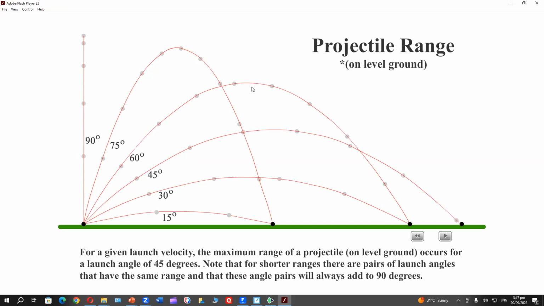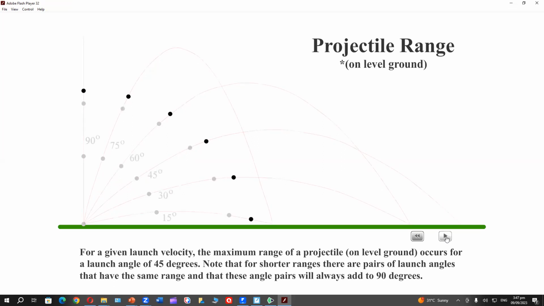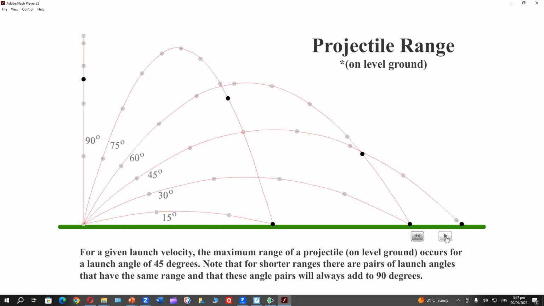Now, this is a very interesting angle work here. Different angles. I think you can identify that by changing the angle, what is the main change?